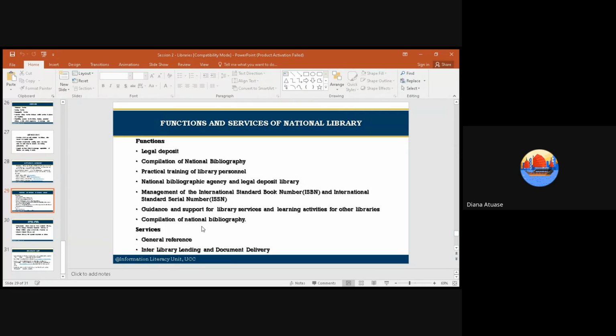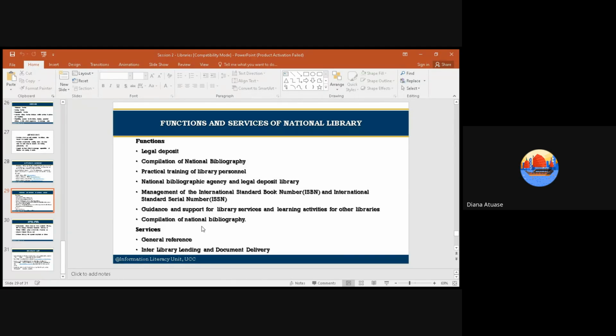So we look at the functions of the National Library. The National Library performs a lot of functions. We'll call one function a legal deposit. It's a copyright provision that ensures that anybody who writes a book or authors a book in Ghana is expected to deposit a copy at the National Library.